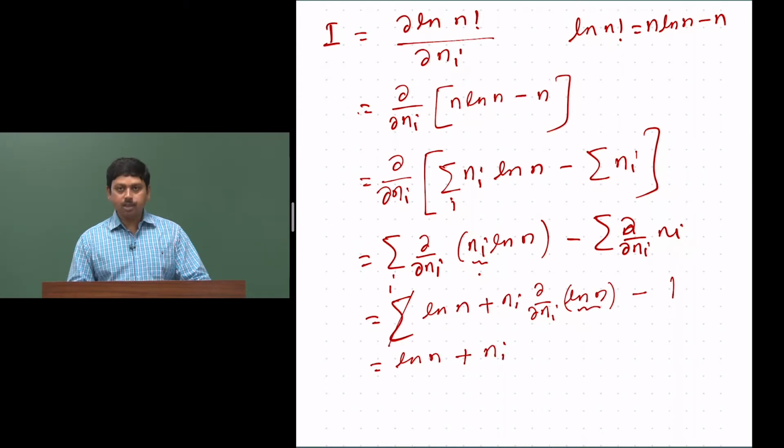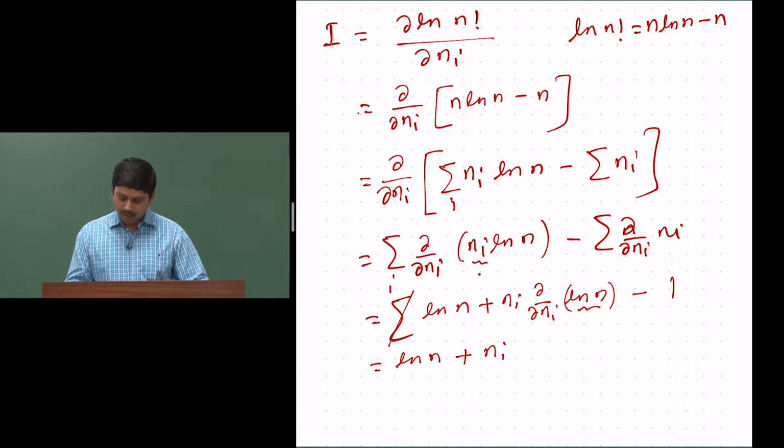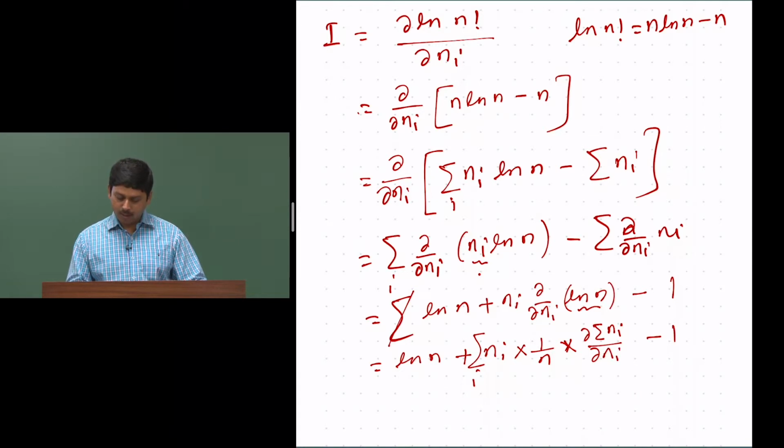Now, when you differentiate with respect to ln N, you are going to get 1 by N, n_i into 1 by N. This sum is still there in this particular case, and the differentiation of the sum of n_i gives minus 1.